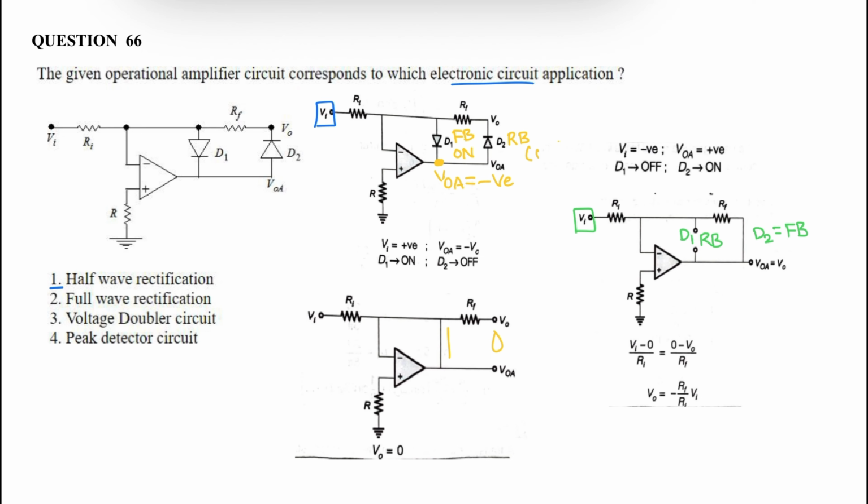We will get the output voltage as minus Rf by Ri into Vi. So the circuit acts like a negative feedback operational amplifier circuit. So the given circuit acts as a half wave rectifier.